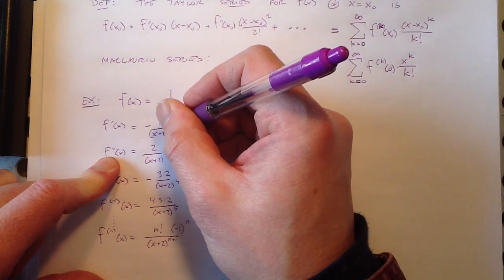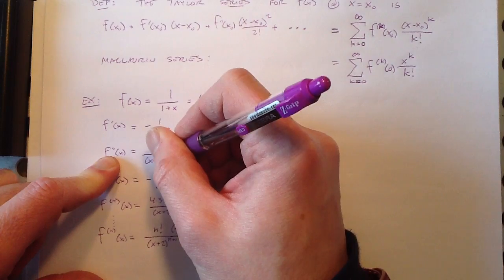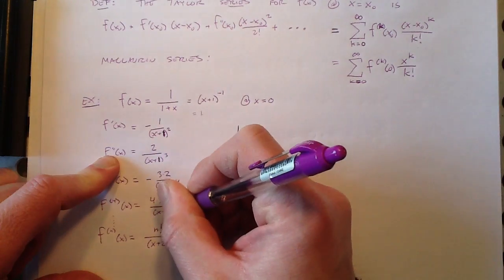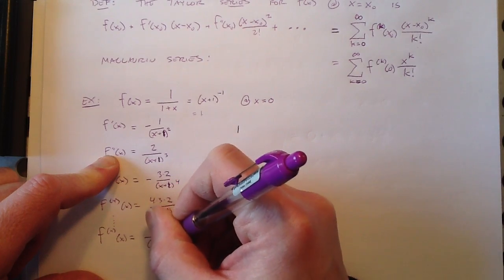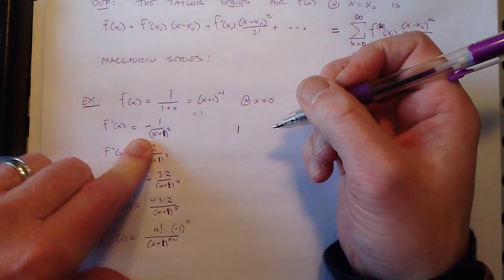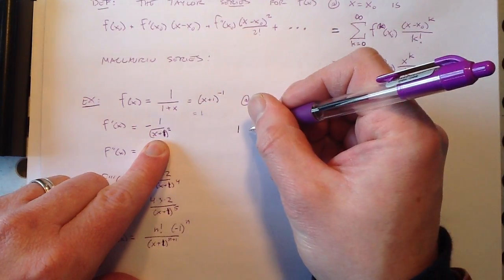What's going on here? Good for you if you're wondering what those are doing there, because they should all be x plus 1. I don't know where those came from. Sorry about that. Take a second to go back and fix that. When I plug 0 into this, I get negative 1.